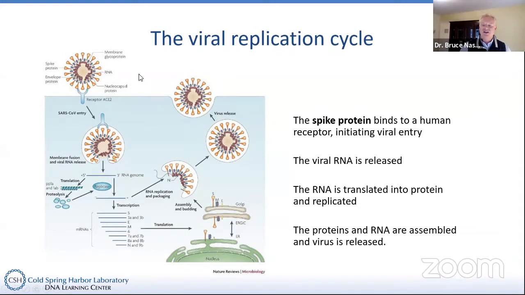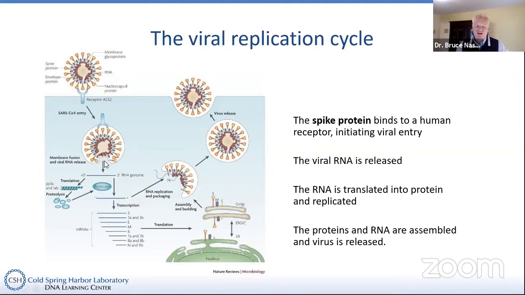They fold themselves up to make themselves hard to see by the immune system, apparently. At least that's one theory. But when they're near these receptors called ACE2 receptors on the surface of human cells, they can bind, and that allows the virus to then become engulfed.